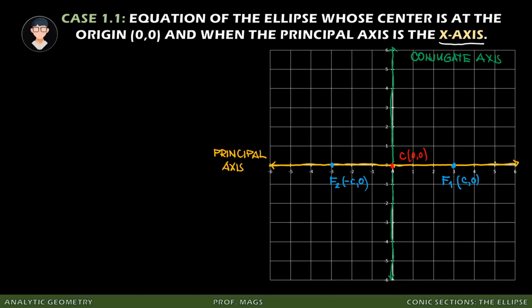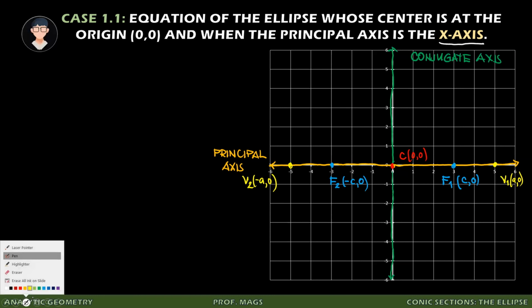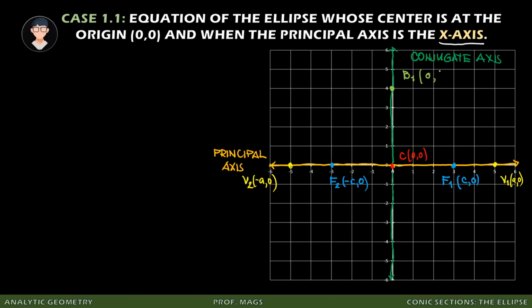Vertex 1 has the coordinates positive a and 0, and V sub 2, negative a and 0. For the y-intercepts, that will be b sub 1 with coordinates 0 and positive b, and b sub 2 with 0 and negative b.